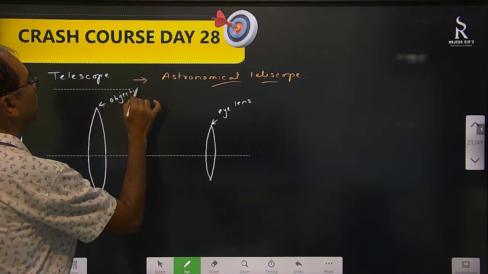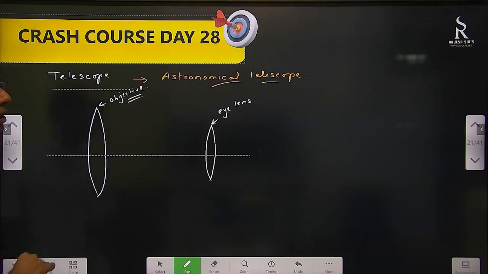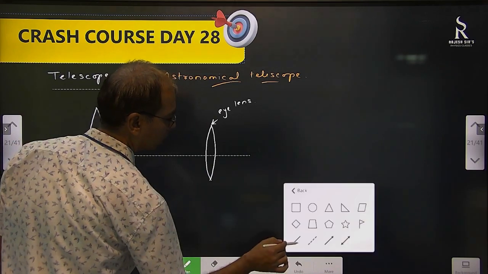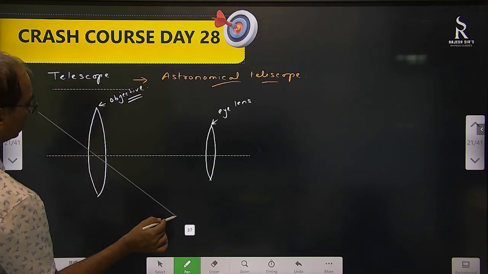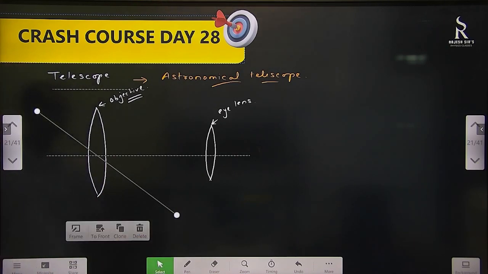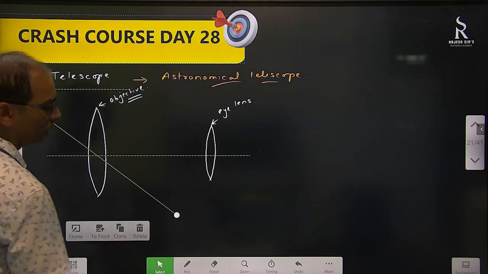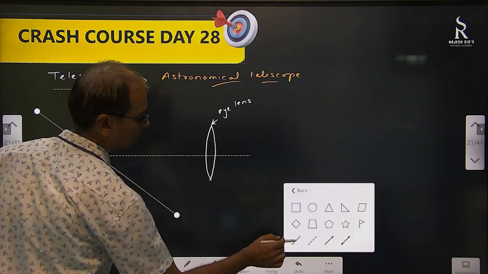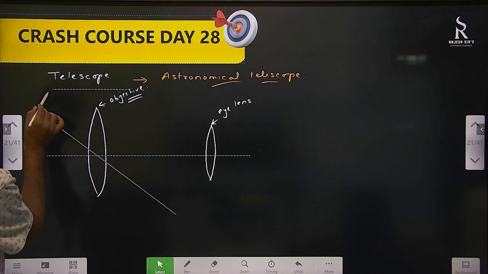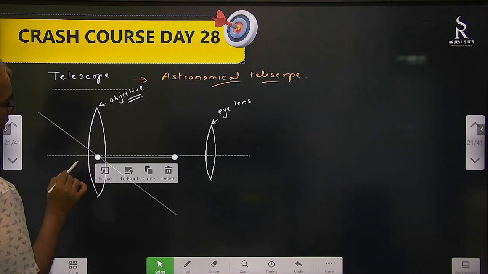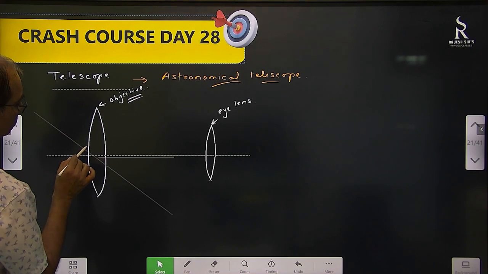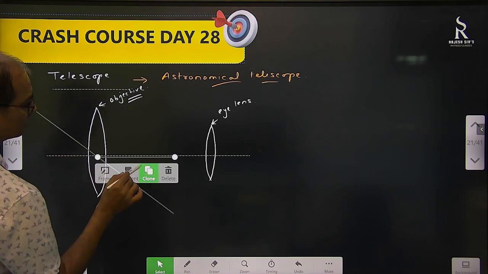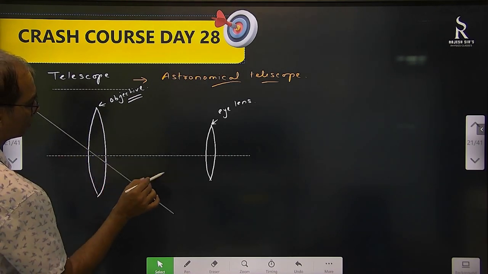Now, since the object is at infinity, the rays will be coming parallel to each other. So how are we going to take the rays in this one? One is passing straight through because it's passing through the pole, and another one parallel to this.